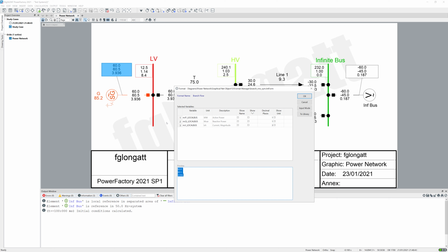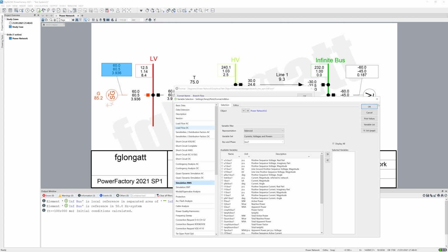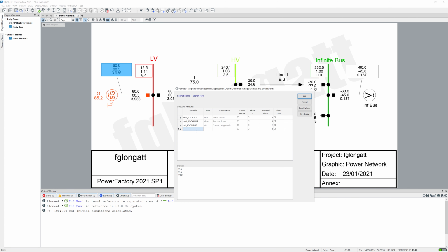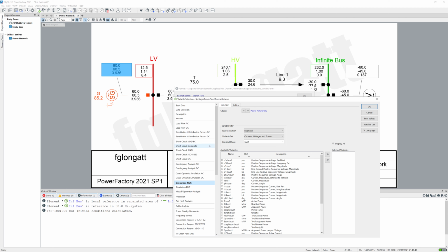And what I will do is append a row, and double click. That is what I am doing here, double click. And now PowerFactory allows me to define the variables that I want to show in my results boxes.